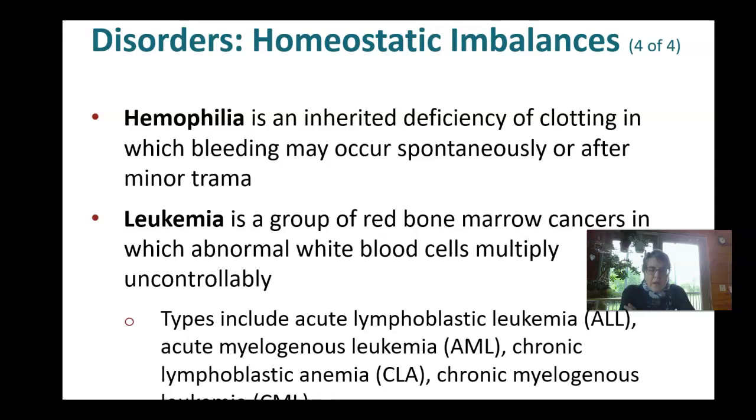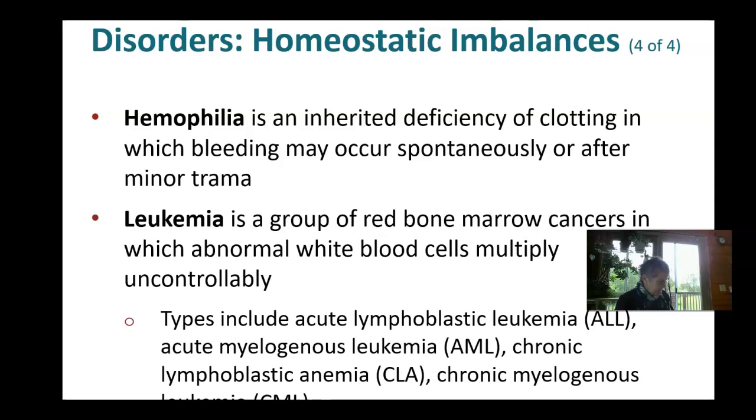Depending on which one is being stimulated to divide uncontrollably, you'll have either a lymphoblastic leukemia or a myelogenous leukemia. If it's acute, those typically affect younger people.